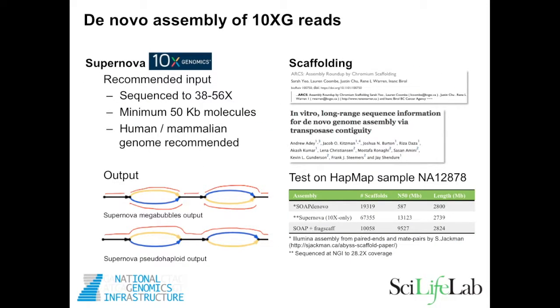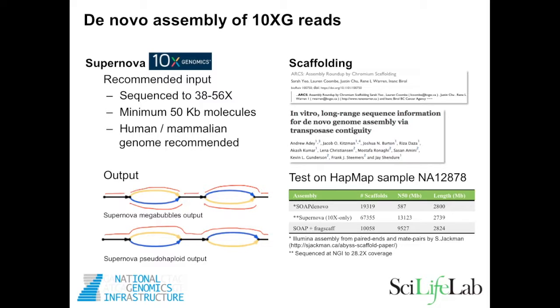So what you can use this for when it comes to de novo sequencing is first of all the assembler from 10x Genomics called Supernova. It has a very specific set of input requirements.